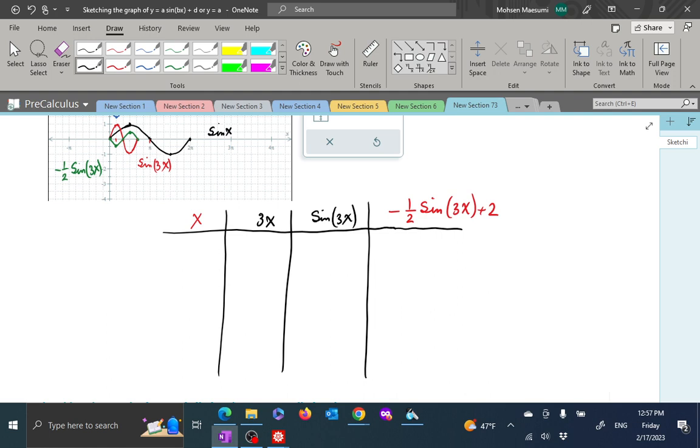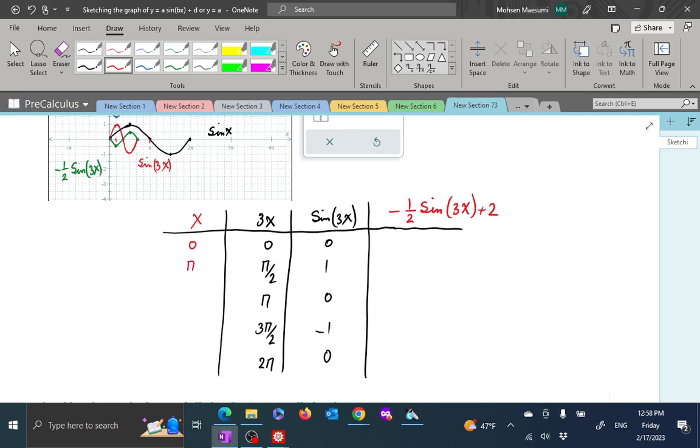So for 3x, we go through our famous angles or easy angles to get a bearing as to where we are. The sine of these angles is simply 0, 1, 0, minus 1, 0. The angle, well, you have to divide all these things by 3, and so we don't need side calculations. Quite easy.